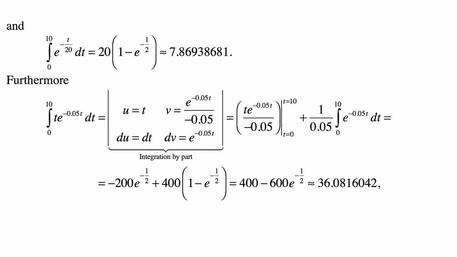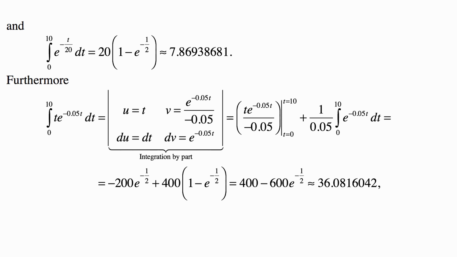Then we have the product of u and v evaluated from 0 to 10, plus 1 over 0.05 times the integral from 0 to 10 of e to the minus 0.05 t dt, which we just evaluated a moment ago, so we use that value. 1 over 0.05, of course, is 20, so 20 times 20 is 400.